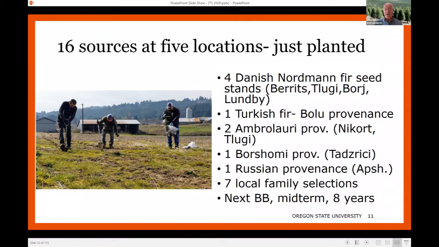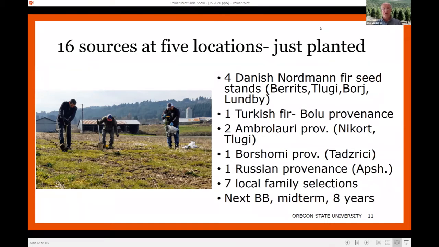We've got 4 Danish Nordmann fir seed stands: Barrett's, Tabugi, Borshomi, and Lundbygard.